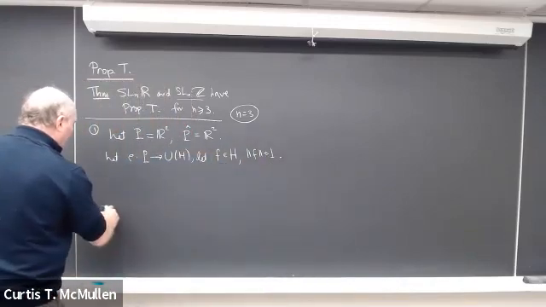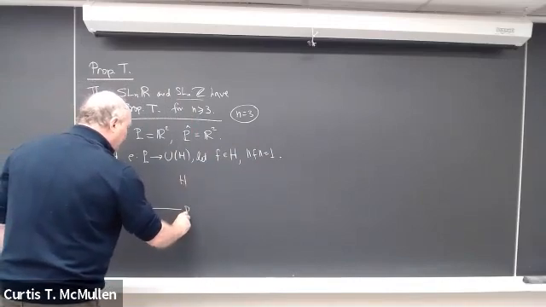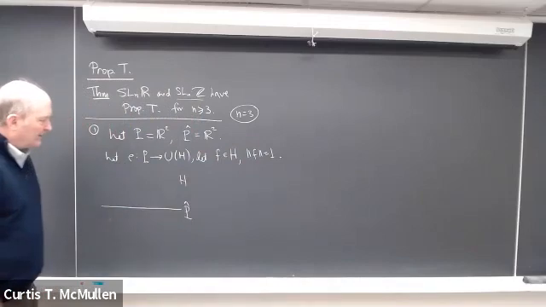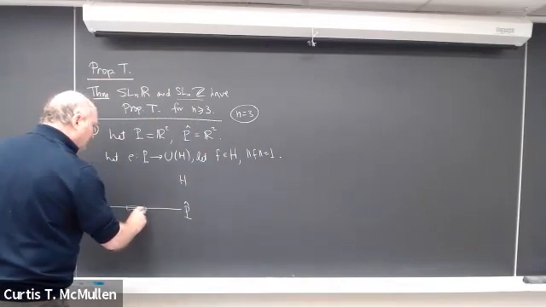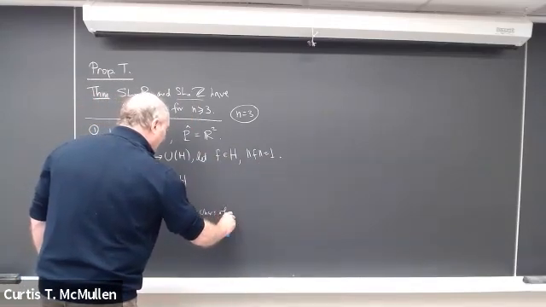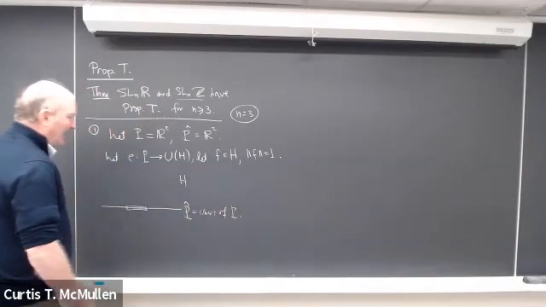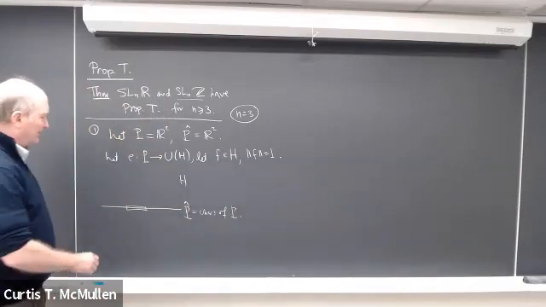Okay, now here's the way you should think about your Hilbert space H. It's spread out over your space P hat. And P hat is really the space of characters of the group P. And the irreducible representations of P are one-dimensional.